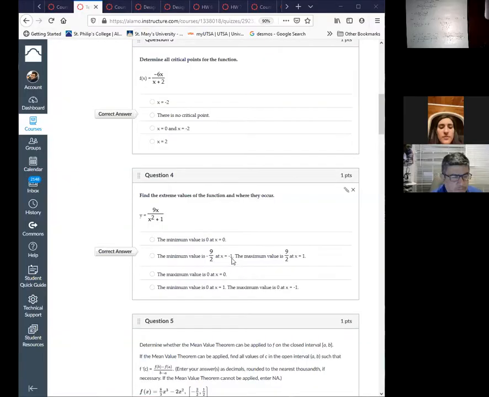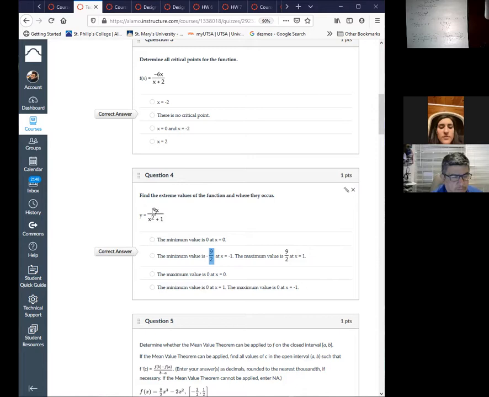Okay, yeah, so let's look at the answer. So here it is. So -1, we said it was the minimum, right? At -1. Maximum at x equal to 1. These values here, I didn't find them, but you would plug 1 into here to get -9 halves and 9 halves.